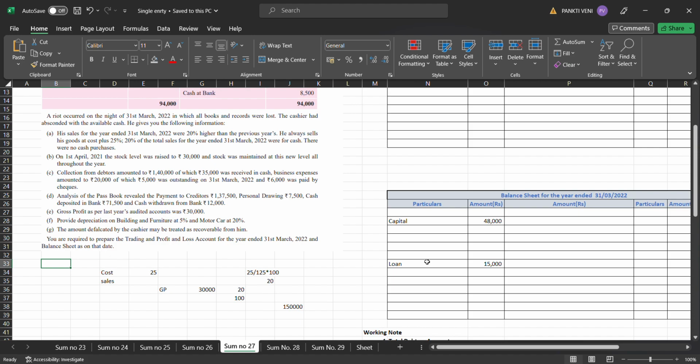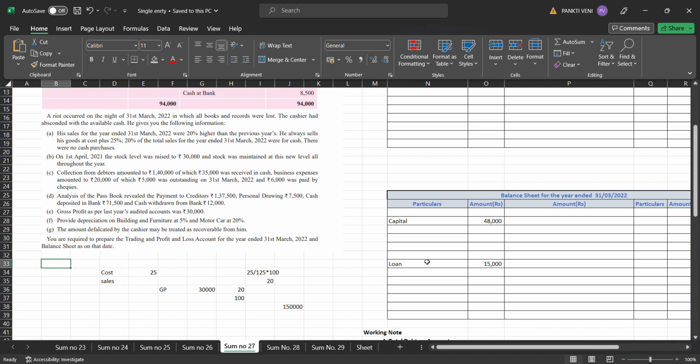On 1st April 2021, the stock level was raised to 30,000 and stock was maintained at the new level throughout the year. Collection from debtors amounted to 1,40,000, of which 35,000 was received in cash. Business expenses amounted to 20,000, of which 5,000 was outstanding on 31st March.